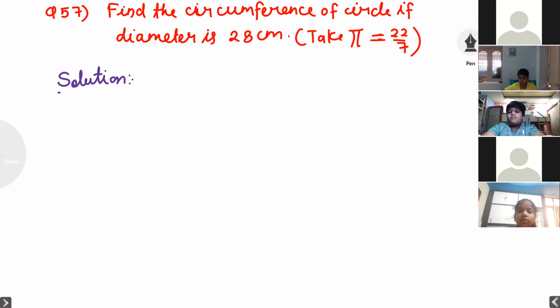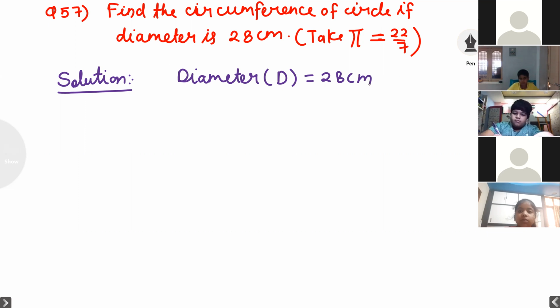This question is asking, find the circumference of circle. Means it is asking C. And diameter he has given. Diameter capital D is equal to 28 centimeter.